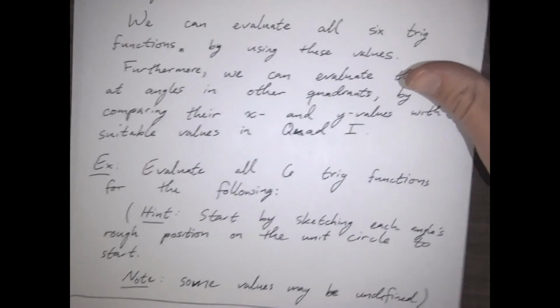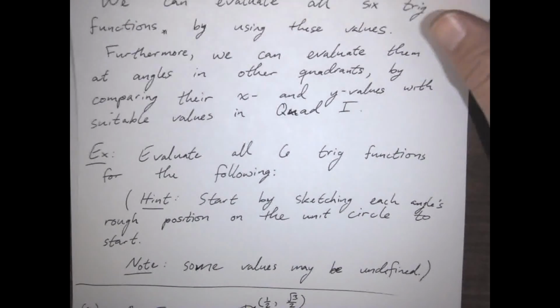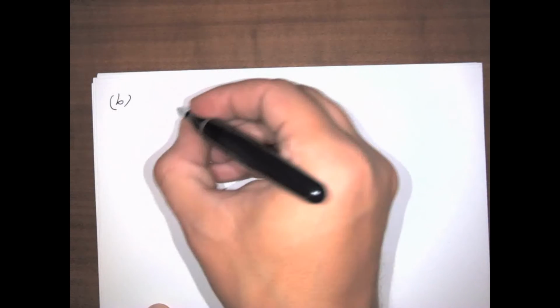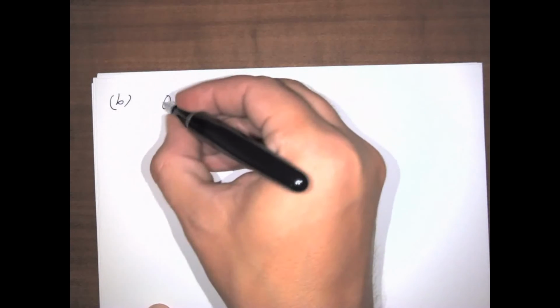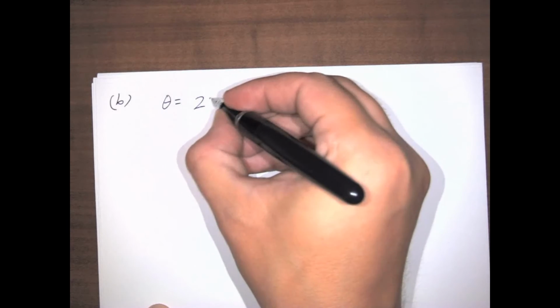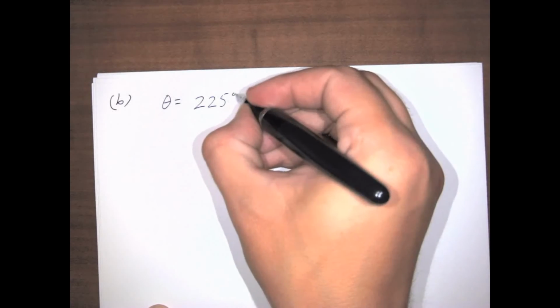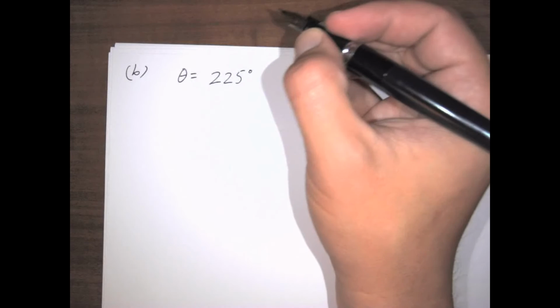Now let's try an angle that is not in quadrant 1. Part B. Let's go with theta equals 225 degrees.